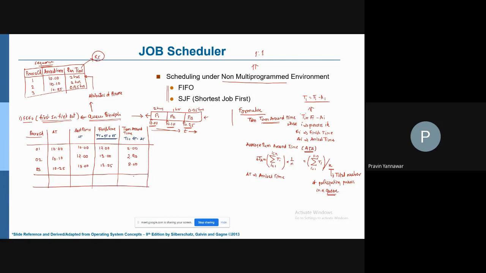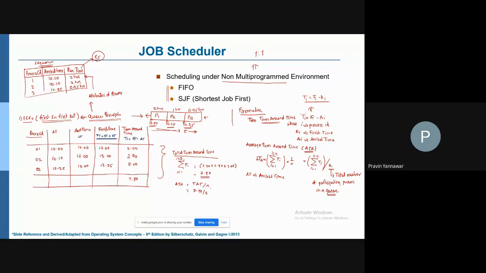The total turnaround time is the sum of Ti for i equals 1 to 3, which is 2.00 plus 2.90 plus 3.00, which is 7.90. The average turnaround time is the total turnaround time divided by N. N is 3, so 7.90 divided by 3.